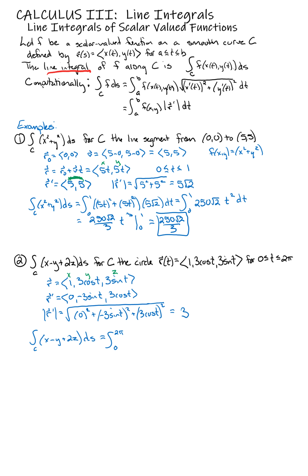Our function, remember, is that integrand x minus y plus 2z. We always start by evaluating the function and then multiplying that by the magnitude of r prime.